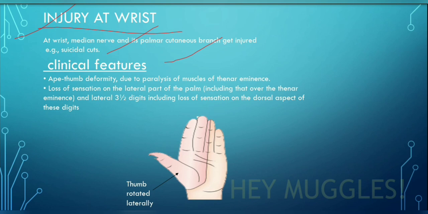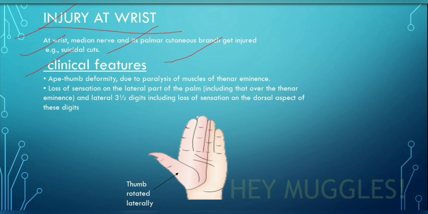But when there is an injury at the wrist, it can be due to suicidal cuts or any wound or cut injury. Due to that, there can be injury to your median nerve plus the palmar cutaneous branch, the superficial branch. So what are the clinical features? There would be ape-like thumb deformity, right?